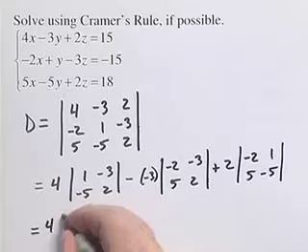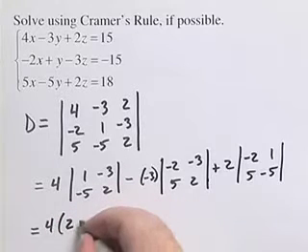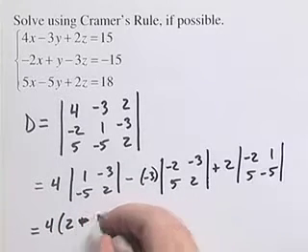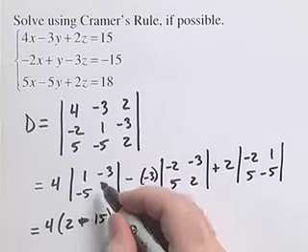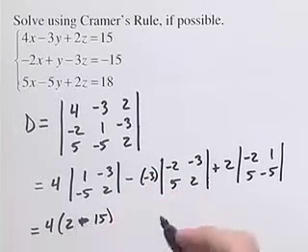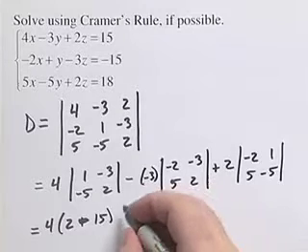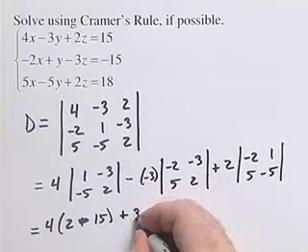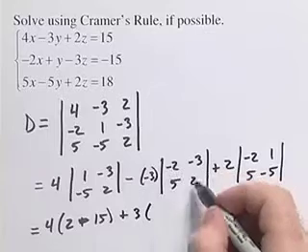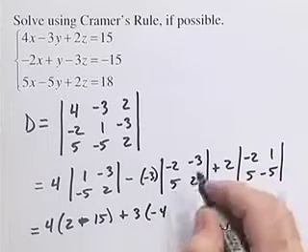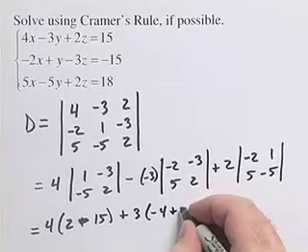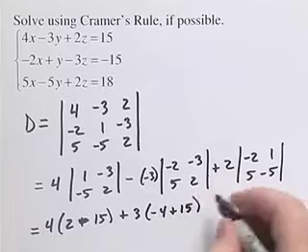So we'll get 4 times 2 minus 15. So we'll have negative 3 times negative 5 is positive 15, so let's have 2 minus 15. Minus and negative is going to give us plus 3 times negative 2 times 2 is negative 4. Negative 3 times 5 is negative 15, and we're subtracting, so we get plus 15.